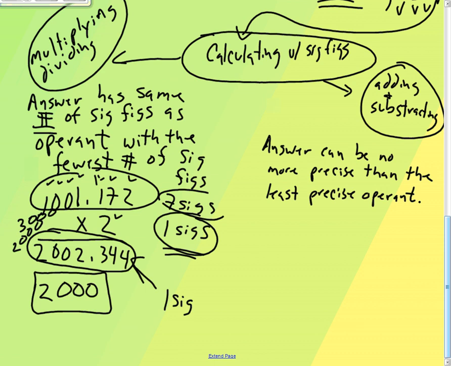Wow, does that help us any? Well, if you know what precise means, it does. In this case, precise means number of decimal places.